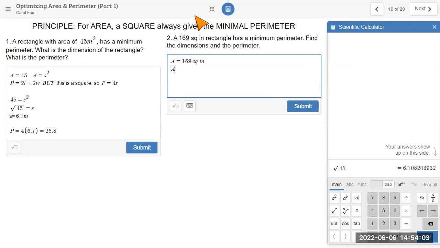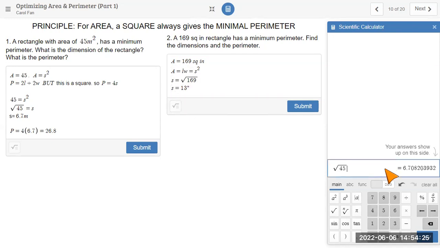I also know that area is equal to length times width, but in this case, this is side squared because we're using a square. So that means my side is equal to the square root of 169, and we have 13 inches.